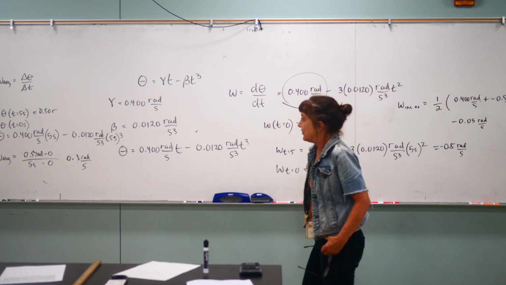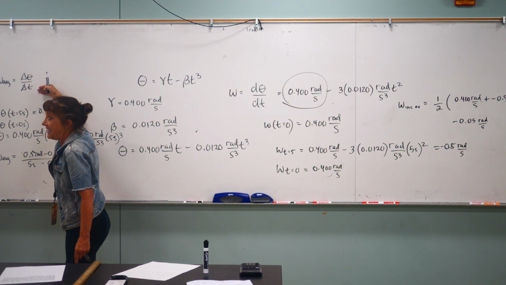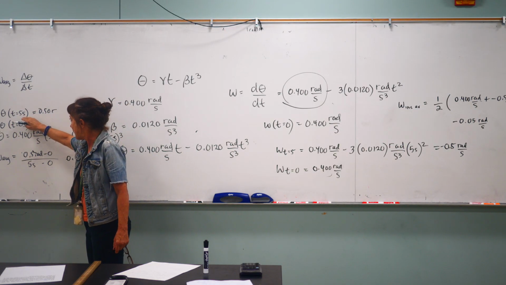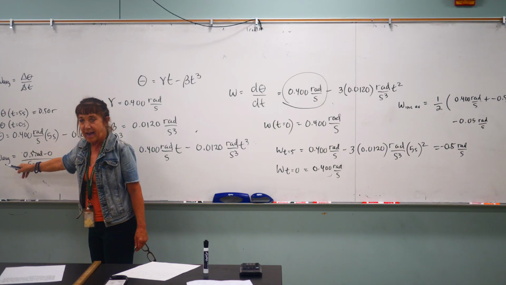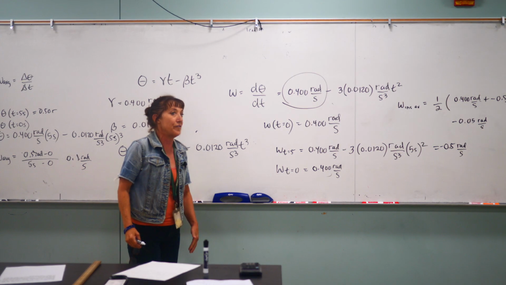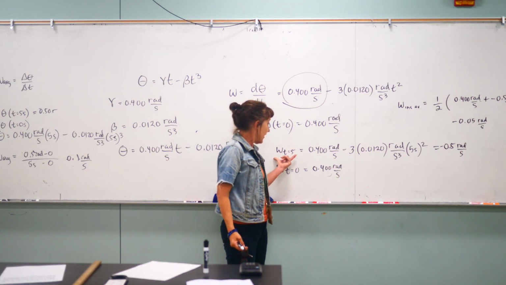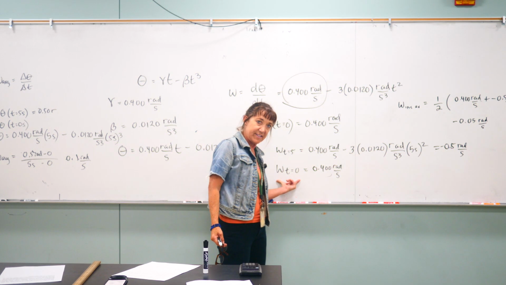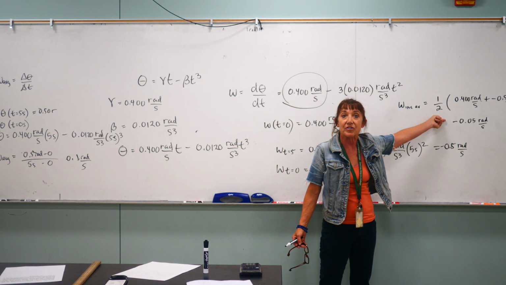We got the average by solving for delta theta over delta t, using our two expressions for theta at 5 and theta at 0. Then the problem wanted the average of the instantaneous velocities at those two times. So we solved for the angular velocity at t equals 5 and at t equals 0, added them together and divided by 2 to get the average that way.